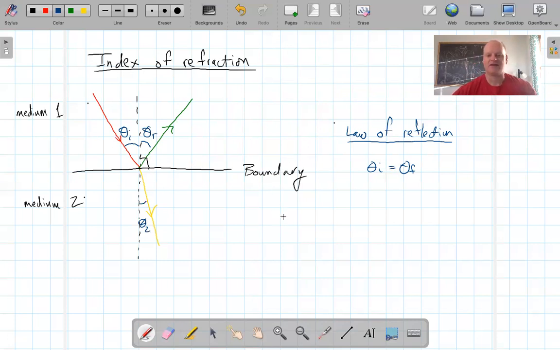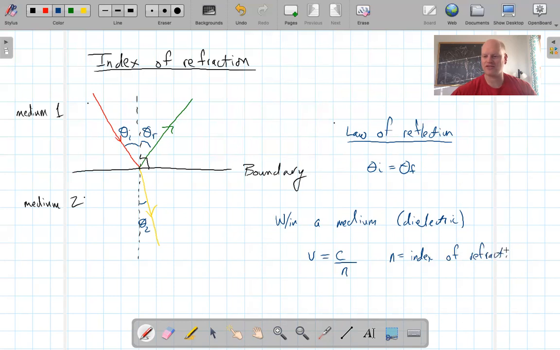Within a medium, more particularly in some sort of dielectric medium, the speed of light decreases and becomes the speed of light divided by n, where n is what's known as the index of refraction.